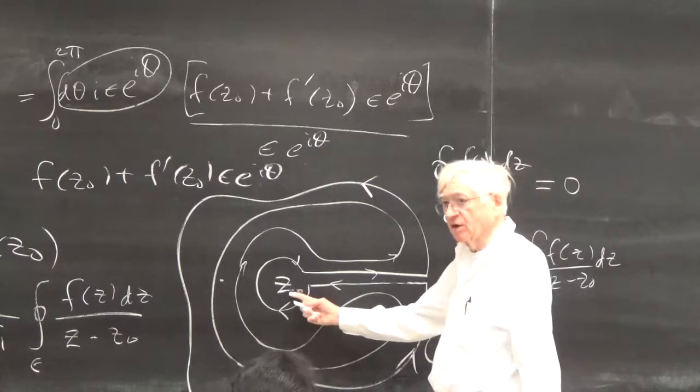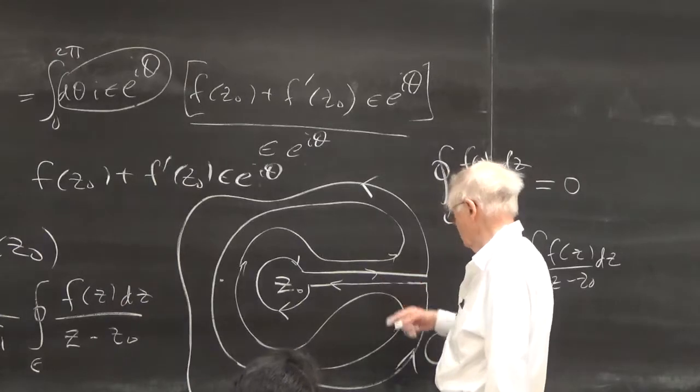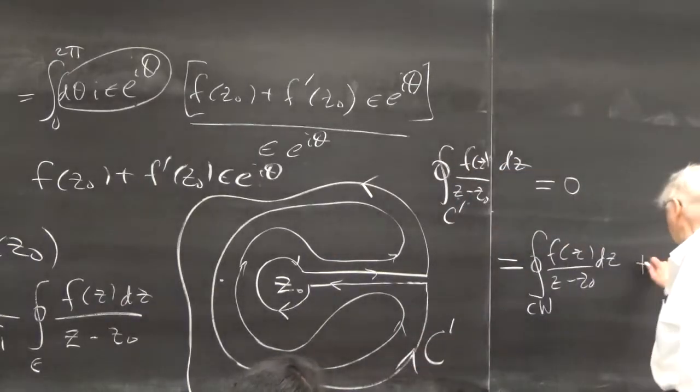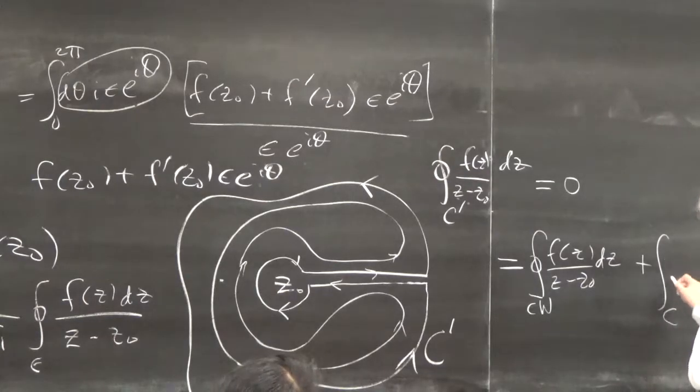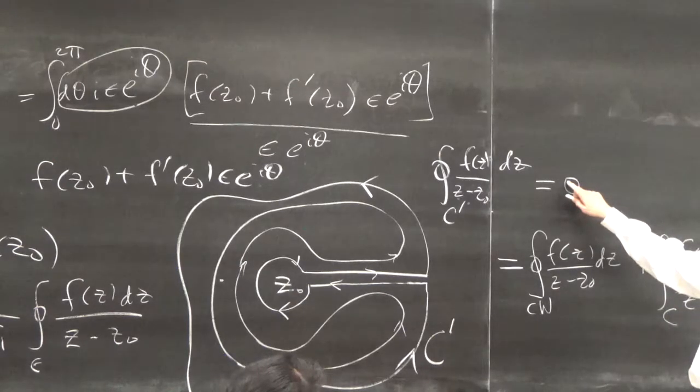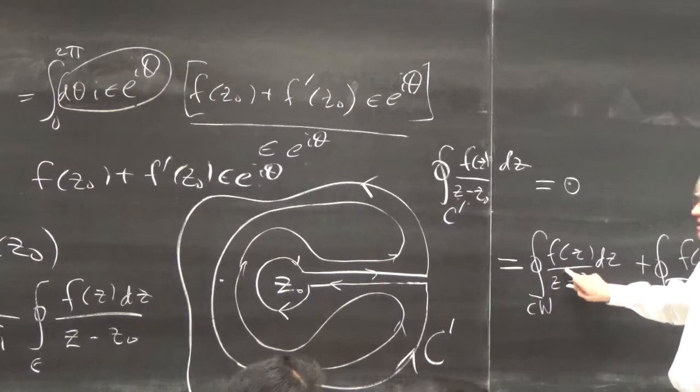That's this small integral. This cancels, and then we have a big integral that's counterclockwise. We call that integral c. It's a closed integral, f of z dz over z minus z0. But the whole thing is 0. This we've already worked out.